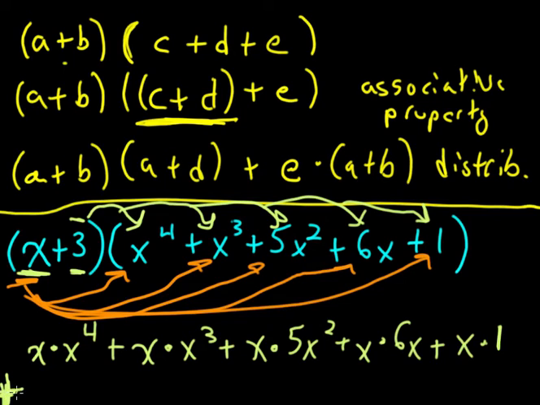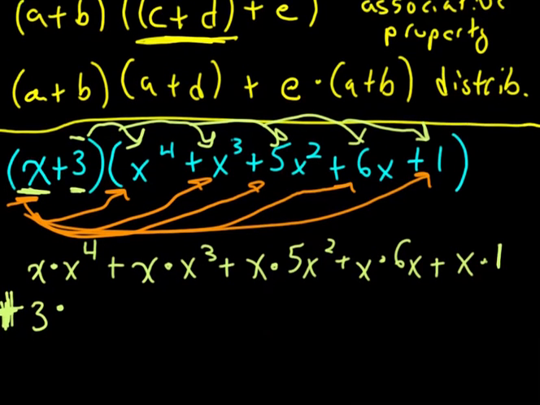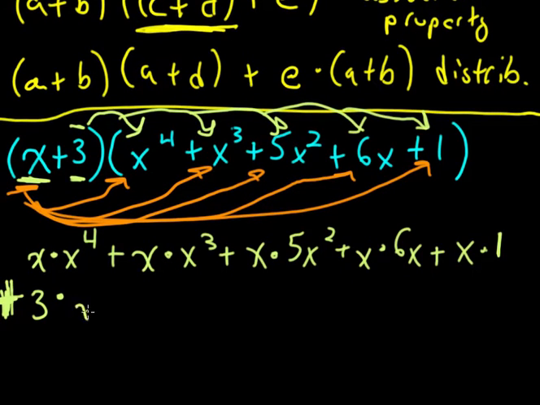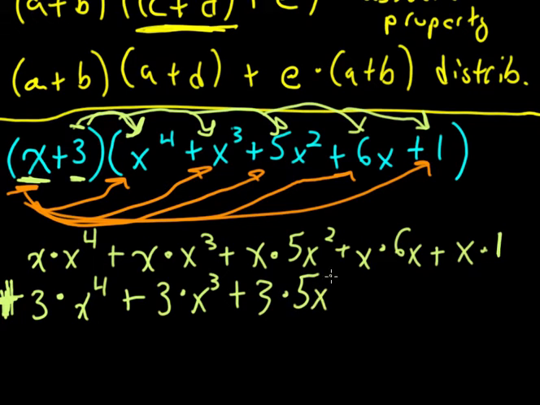So you see how these expand really quick. So 3 times, let me scroll up, x to the 4th. So that's my 3 times x to the 4th plus 3 times x cubed plus 3 times 5x squared plus 3 times 6x plus 3 times 1.